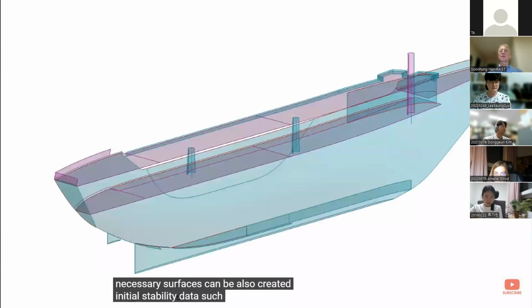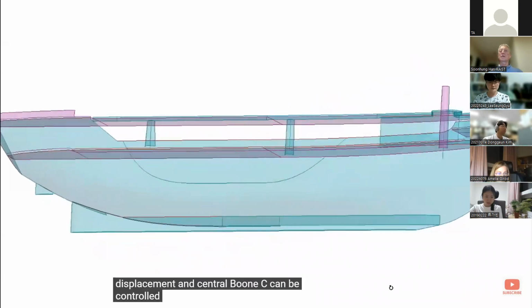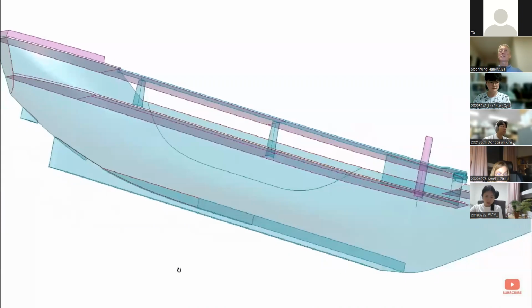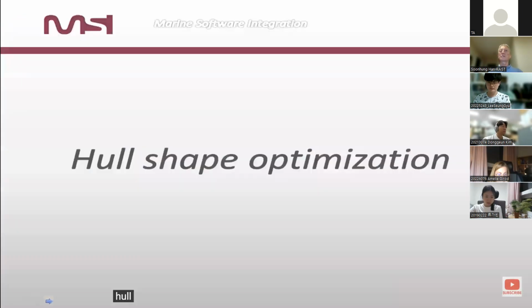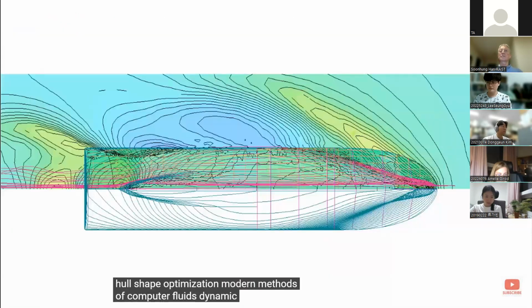Initial stability data, such as displacement and center of buoyancy, can be controlled. Hull shape optimization. Modern methods of computational fluid dynamics let us make ship resistance predictions.